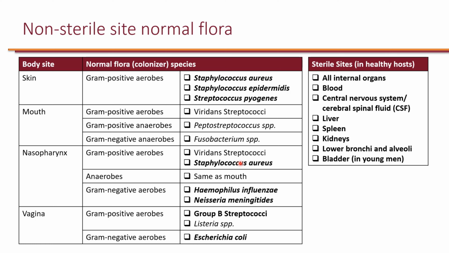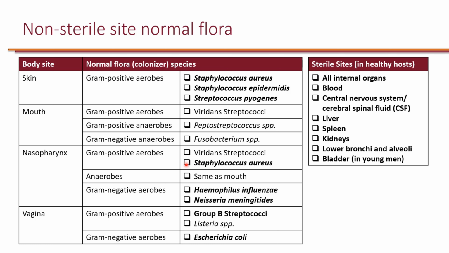It doesn't necessarily mean that it's an infection, it could be part of flora, but if you detect it, you can anticipate, because not everybody will have it as part of their flora. So it's good to screen patients to see if Staphylococcus aureus is part of their flora. If they have an infection in other parts of the body, you can anticipate that Staphylococcus aureus found its way to other sites to cause an infection.